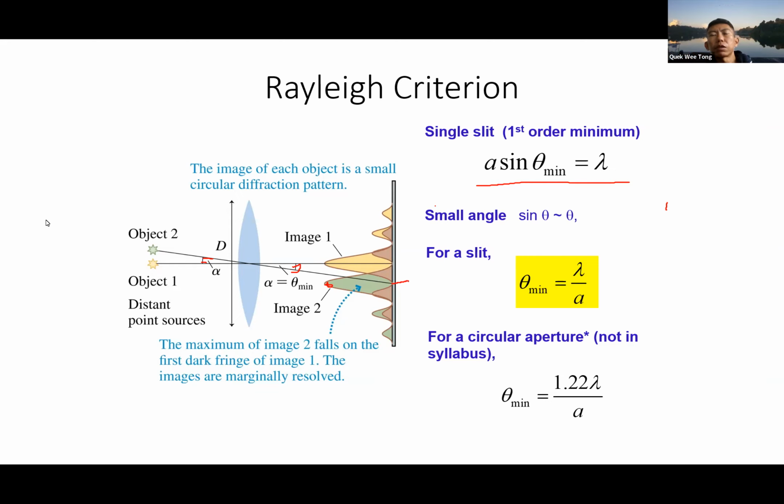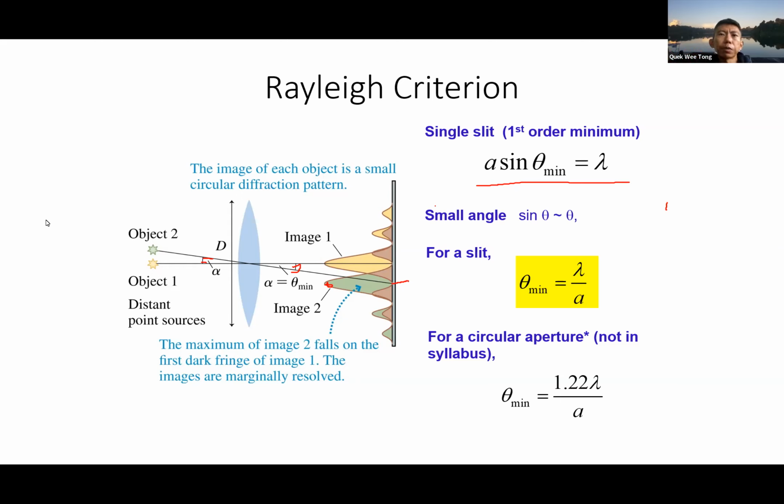Why is a much larger than lambda? That's just the construct of things. Could you have a that is very close to lambda? Sure, by all means, but usually that's not the case.